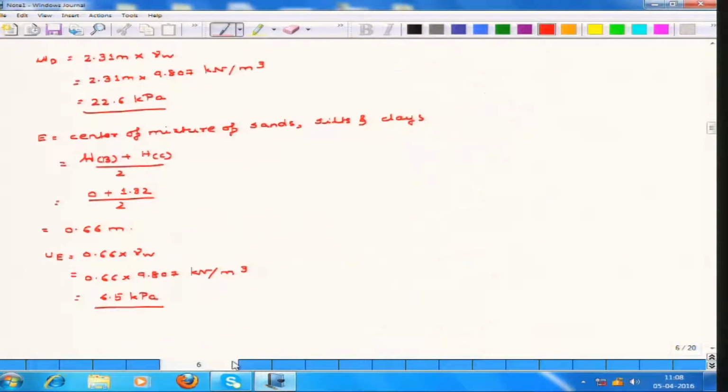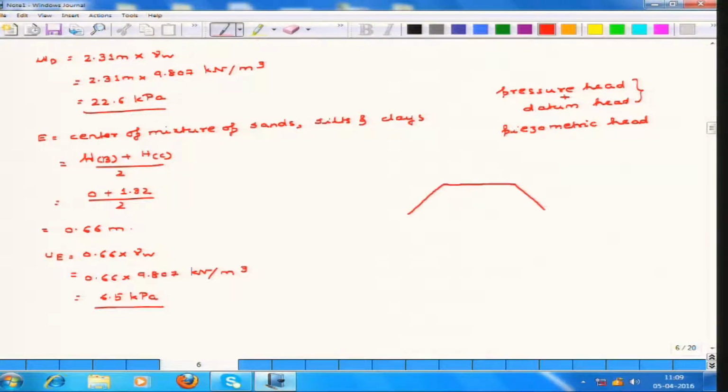Since you consider only the pressure head and datum head, there is an important point to note here. The sum of pressure head and datum head is known together as the piezometric head. This piezometric head is very important because mostly in earth structures, you are supposed to find out the phreatic line, which we will discuss in the next lecture.